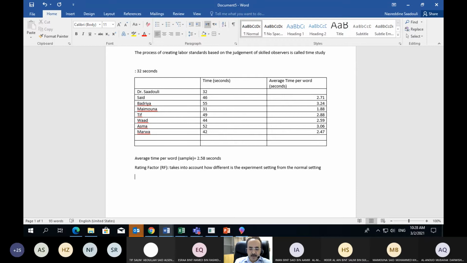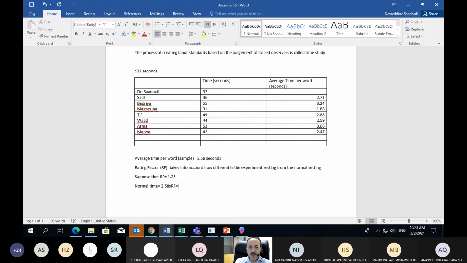So, in order to calculate now the normal time, we'll need to take that average time and multiply it by a rating factor. Like for instance, let's say in this example, suppose that the rating factor is 1.25. What does this mean? Well, it means that on average during the test, the student requires 25% more of the time due to the pressure of the exam, due to the stress that is in the exam.